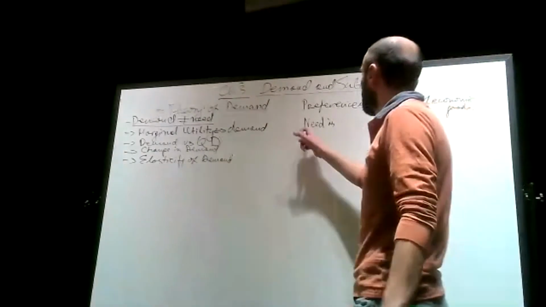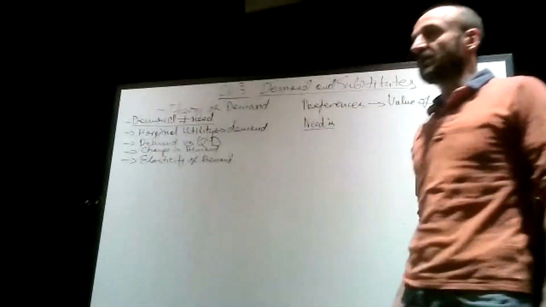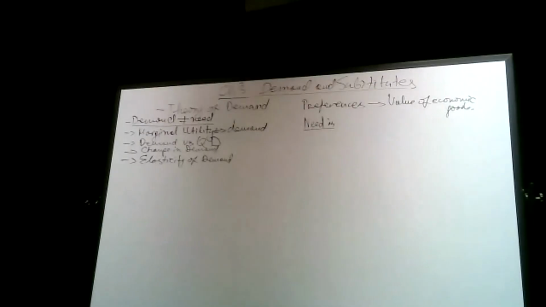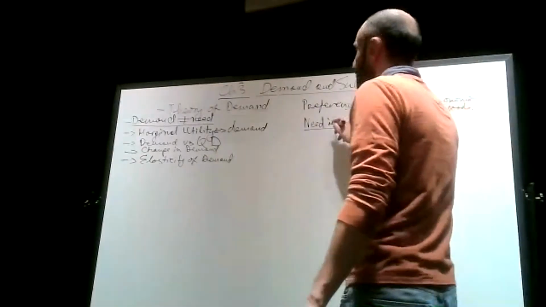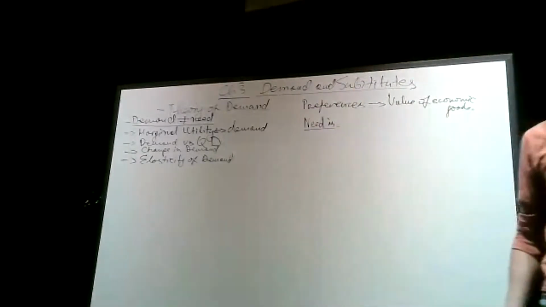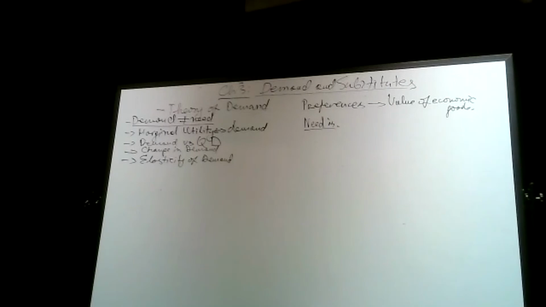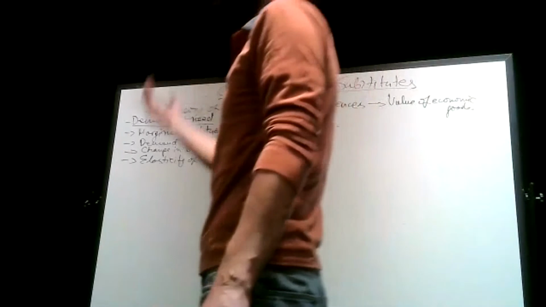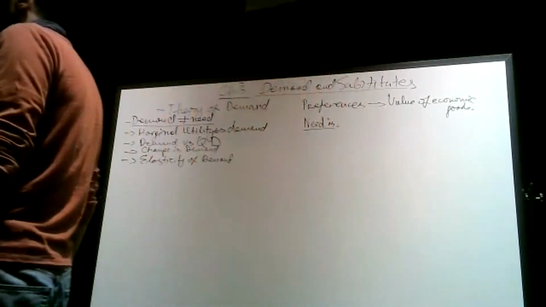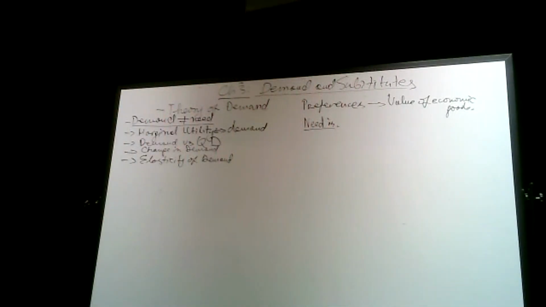So if satisfaction of a certain need conflicts with the satisfaction of another need that we may consider to be more important at a given point in time, that need will go unsatisfied. So need, in that sense, is a psychological category. I may wish something, I may daydream about something, but need is never demonstrated in action.